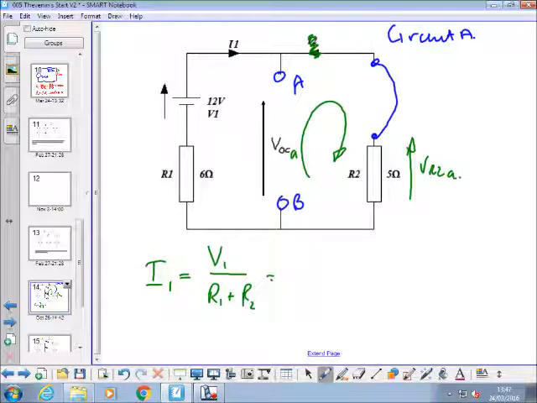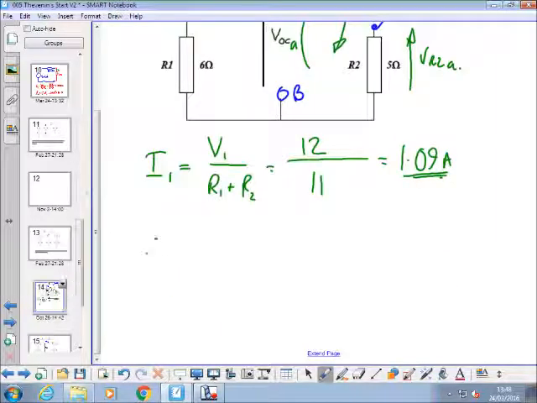That's the 12 volts over 11 ohms, which equals 1.09 amps, I make it.